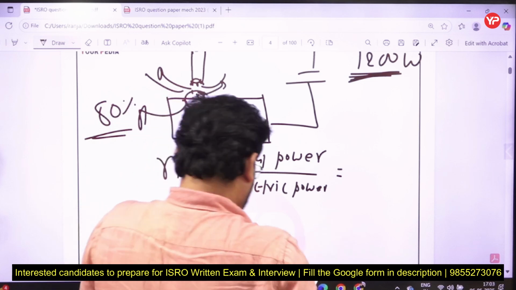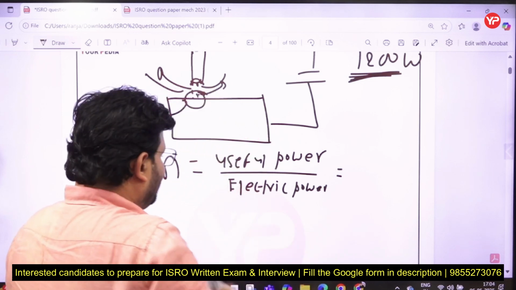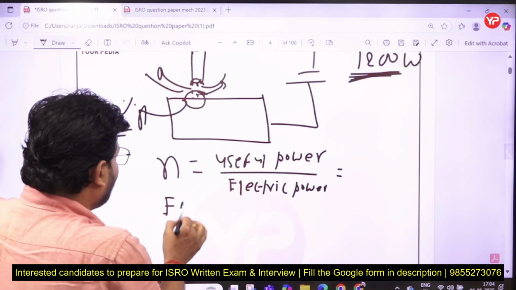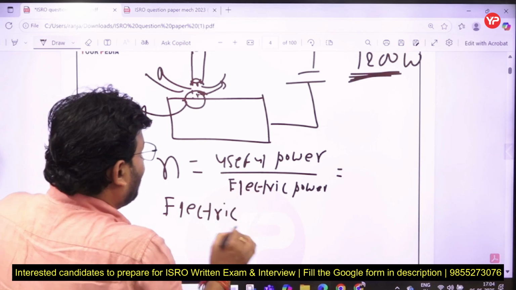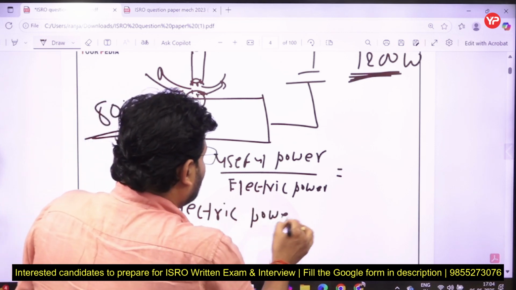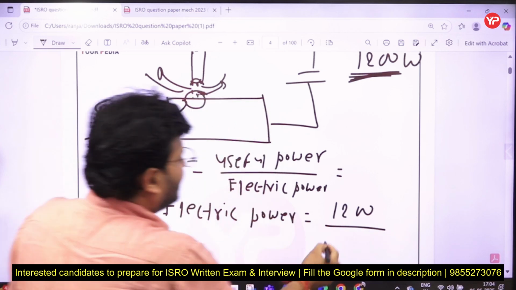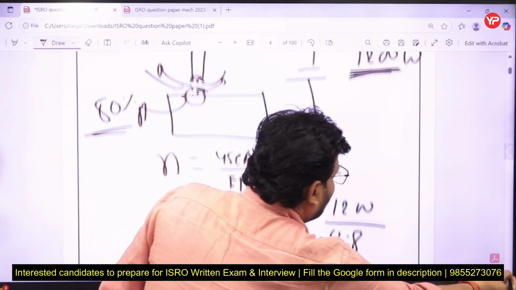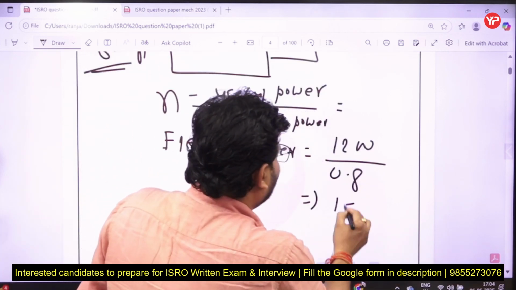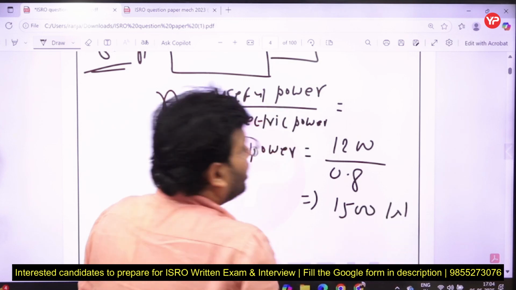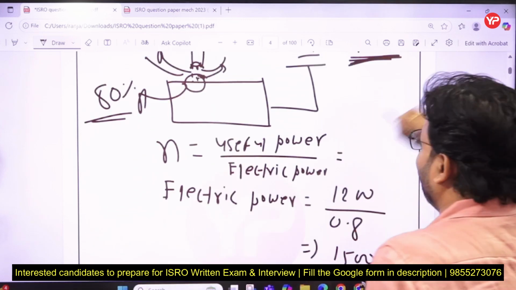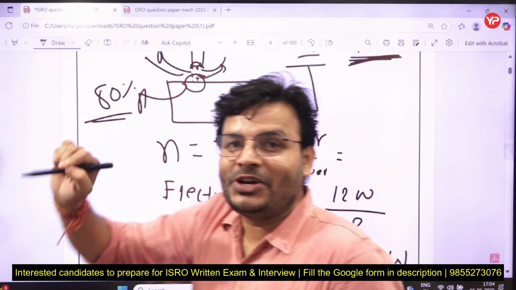Simply we can say, sir, if we need the electric power, what will be the electric power? Electric power or supply power, whatever. Simply we can say useful power 1200, and upon efficiency given 0.8. By solving that, how much is it coming out to be, my dear friends? 1500 watt. Means you have to supply energy of 1500 watt.